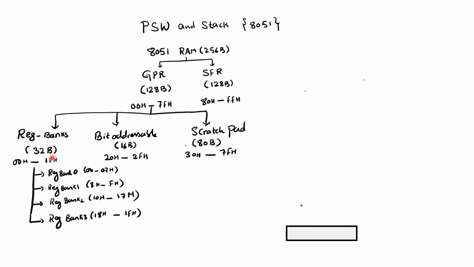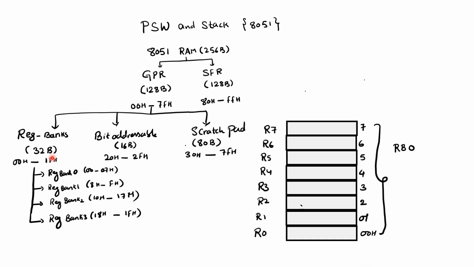So this is one memory location. Like this we need 8 memory locations that will constitute register bank 0. The physical addresses for register bank 0 are 0 to 7, and these are the symbolic names used to refer to the memory locations.